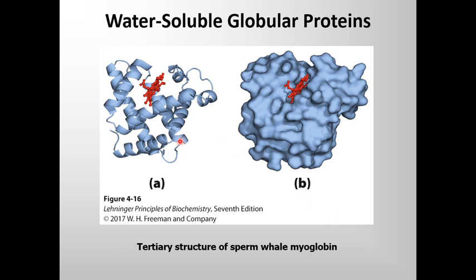Now, there are two things that you need to observe in this figure. The first one is the ribbon representation that is shown here on the left and a surface representation that is shown on the right. Now, ribbon representation allows you to identify the secondary structural elements.